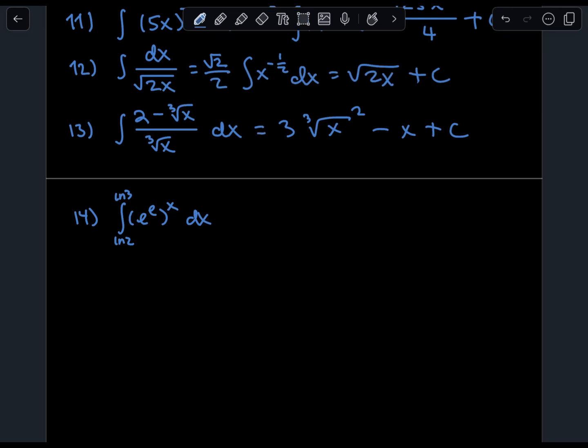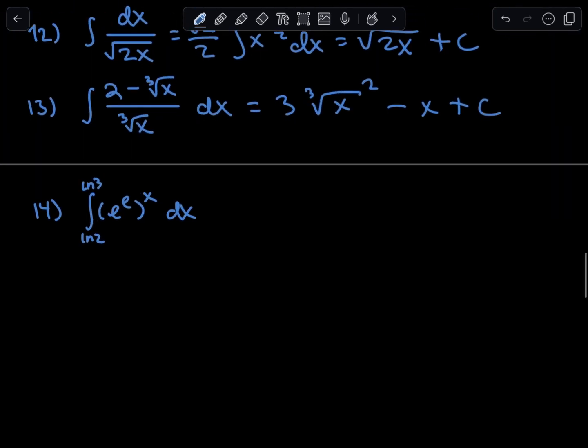Okay, last integral of this video, we have a definite integral from ln of 2 to ln of 3 of e to the power of e to the power of x dx. Okay, let's start by just using exponent laws to rewrite this as the integral of e to the power of e times x, dx.